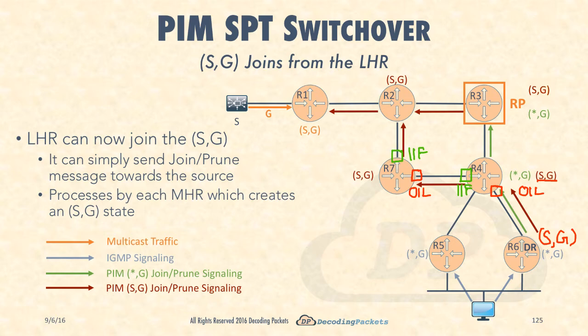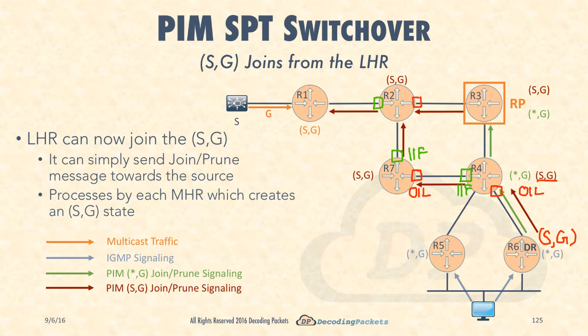Once it sends this S,G join over to R2, R2 actually already has that S,G tree. In our case, because of the RP's signaling of the S,G, it's the same signaling that is coming from R7. So R2 already had these 2 pieces of information: because of R3, the RP's S,G, it already had the IIF, and it already had one interface in the OIL.